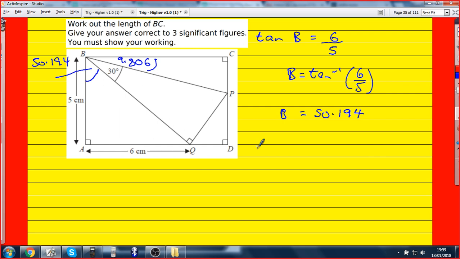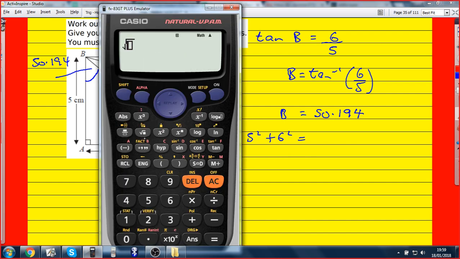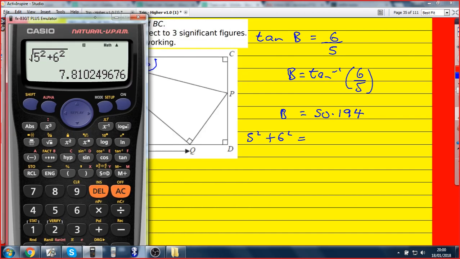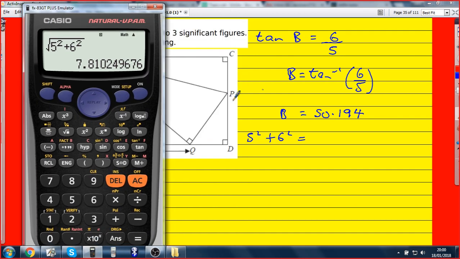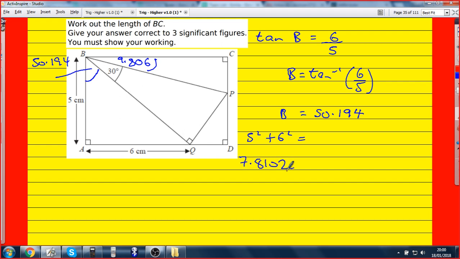By doing 5 squared plus 6 squared, then square rooting the answer. So square root of 5 squared plus 6 squared, to 5 sig fig, is 7.8102. So that's BQ.